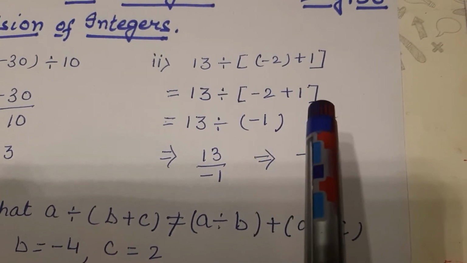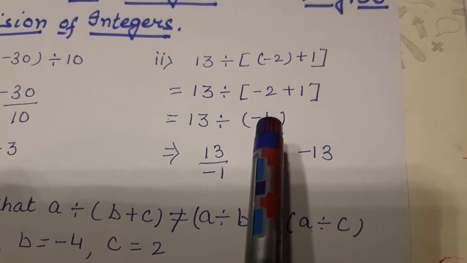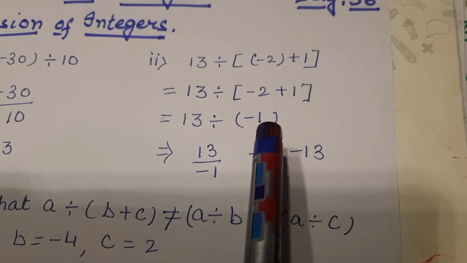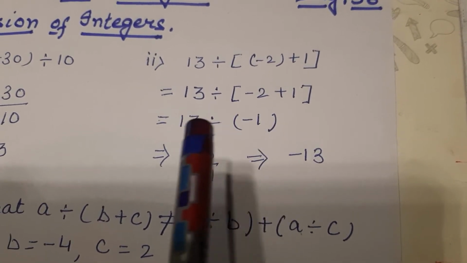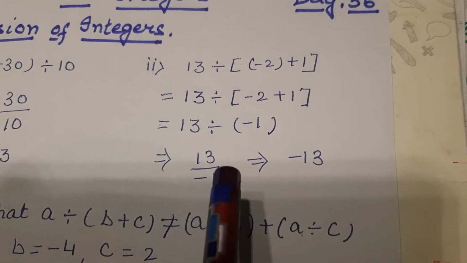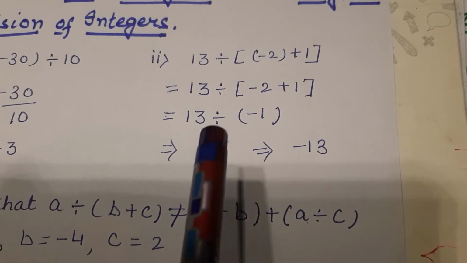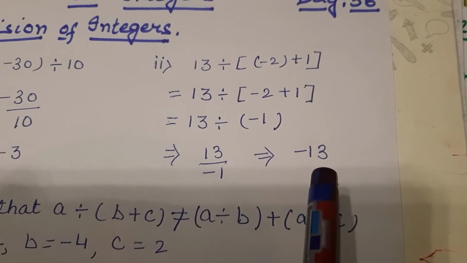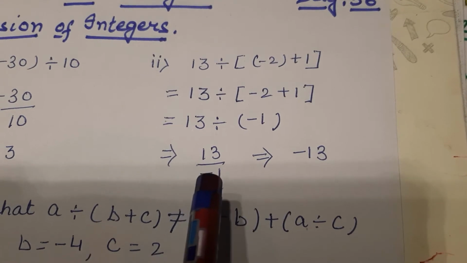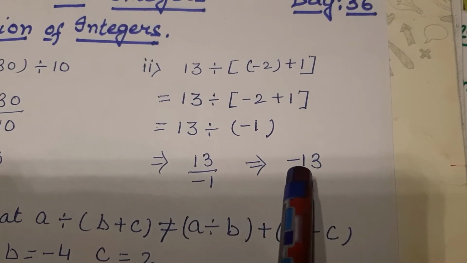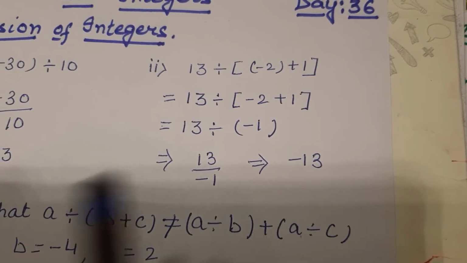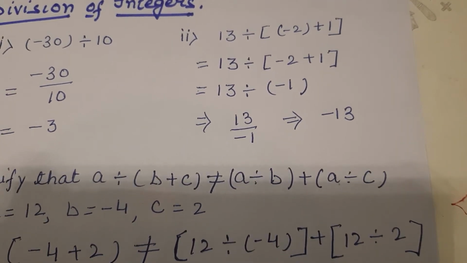Minus 2 plus 1 is minus 1. You all know how to solve it. So 13 divided by minus 1. 13 divided by 1 is 13 only, and there is only a single negative sign, so the answer will be negative. I hope it is clear to you.